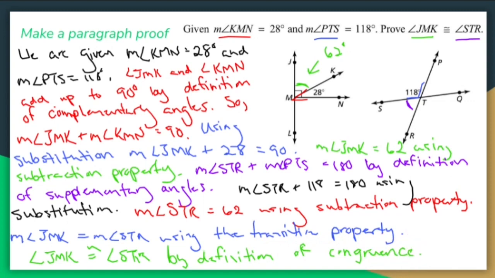I nailed the spacing. Very proud of that. But this is a paragraph proof. Normal people, including myself, before you start your proofs, what you really should do is be like, well, if my job is to prove that this guy is the same as this guy, I know that that's a right angle, so 90 minus 28 is 62.